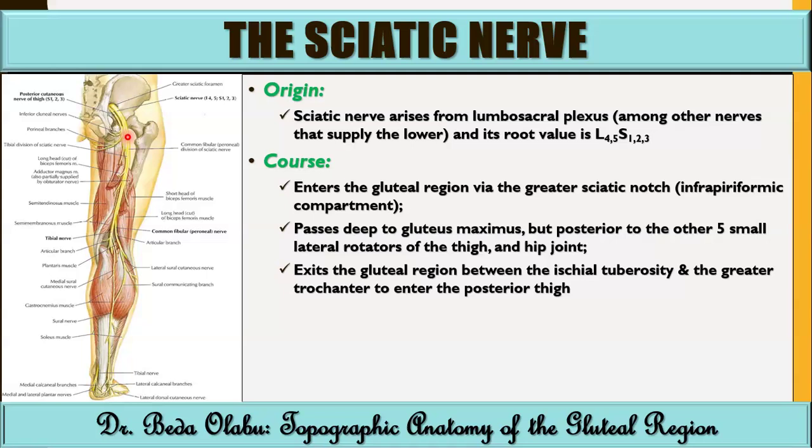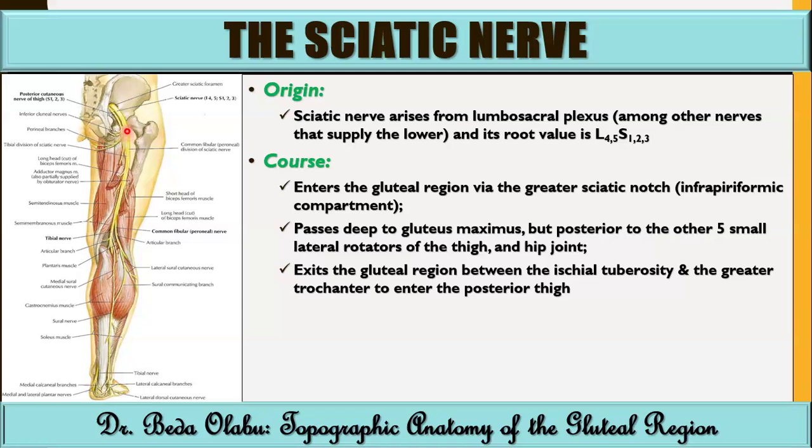A point midpoint between the ischial tuberosity, which you can palpate on a patient, and the greater trochanter, again something you can palpate on a patient. Somewhere in between that, the sciatic nerve will be underneath. So that's a surface landmark.